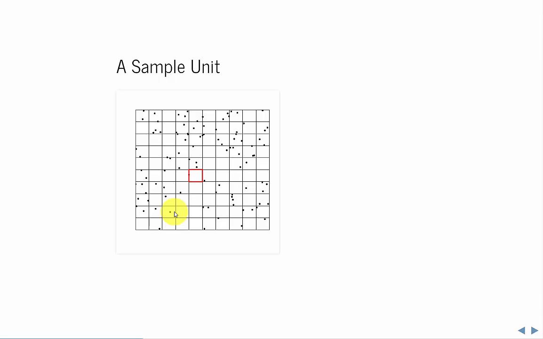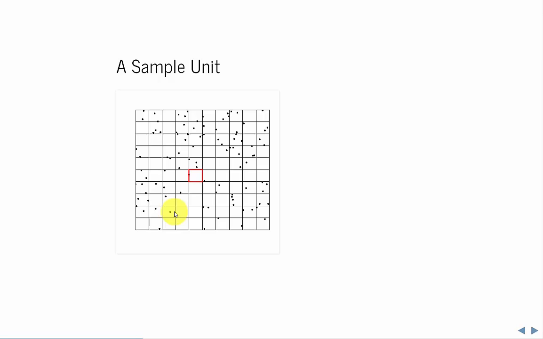We're going to divide up that target population into sample units. In this case, I've outlined a single box on our target population, 1 out of 100 sample units that we could choose to use in our estimation procedure.